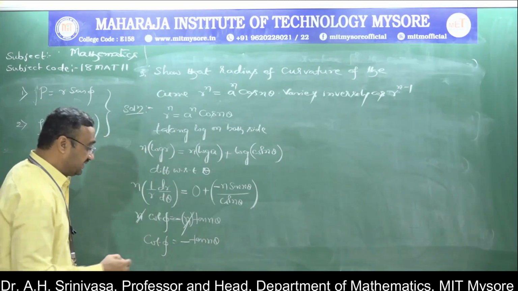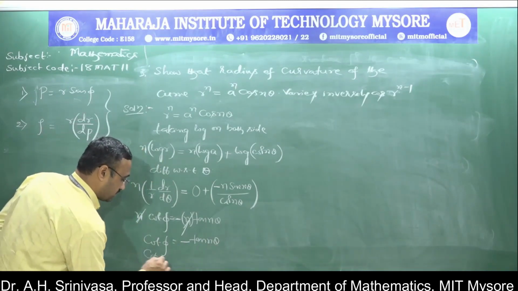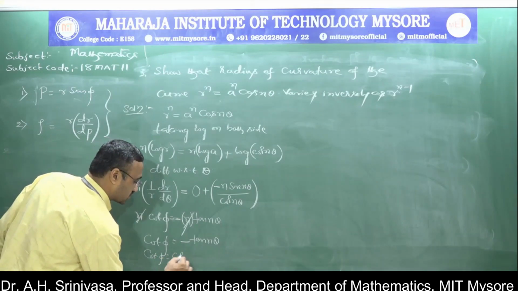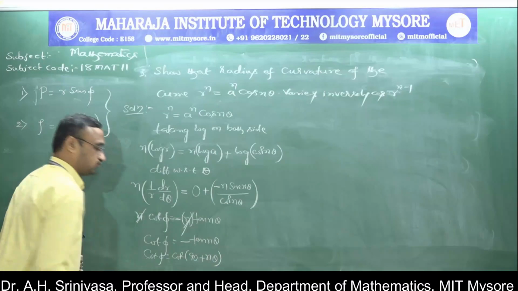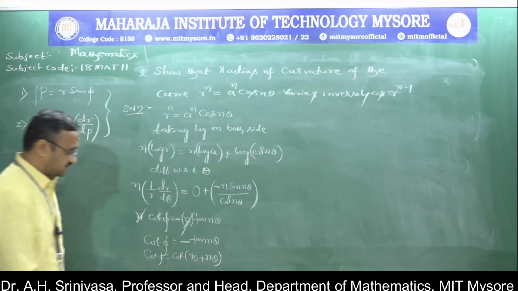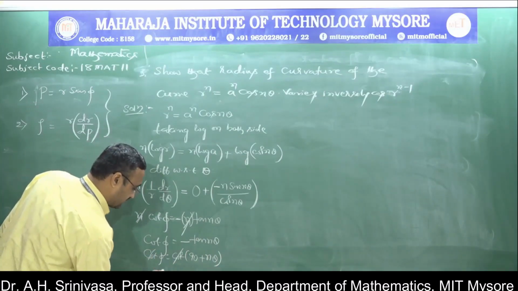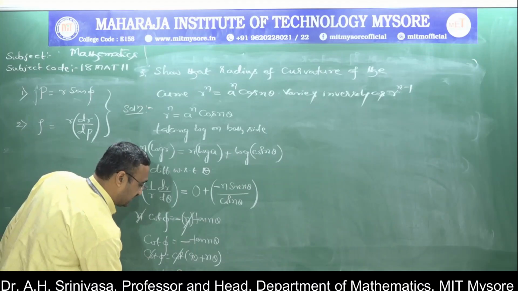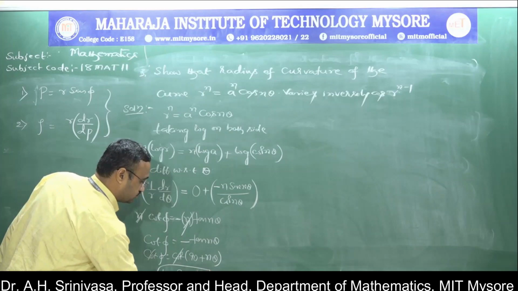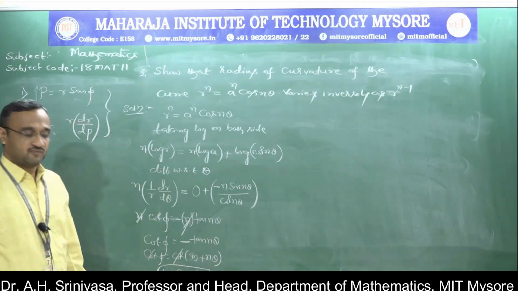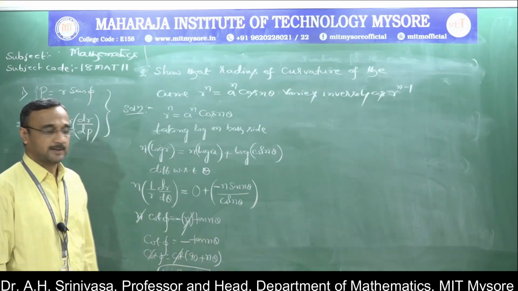Now convert tan in terms of cot. We have to use cot(90 + nθ) using allied angles. We get the phi value is 90 + nθ.